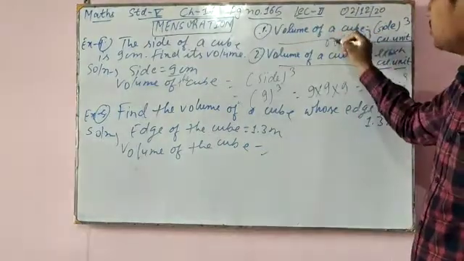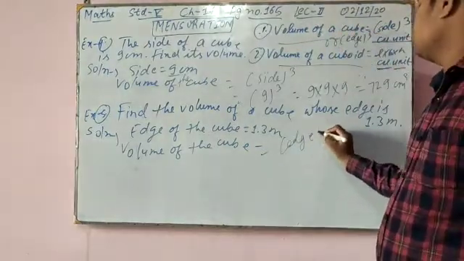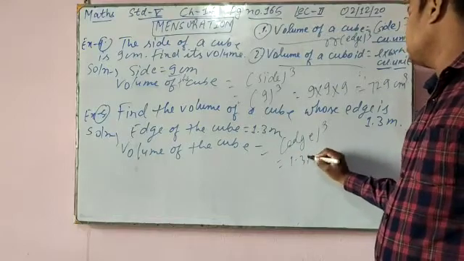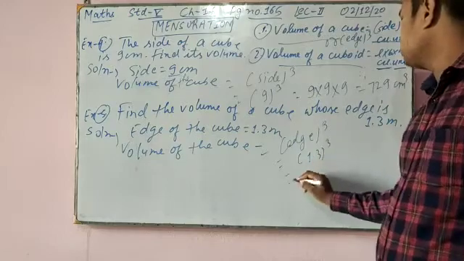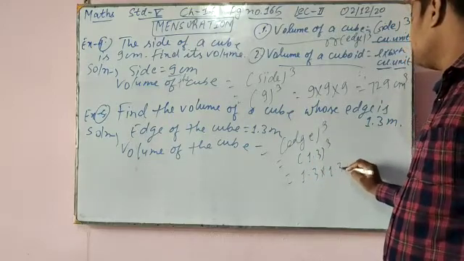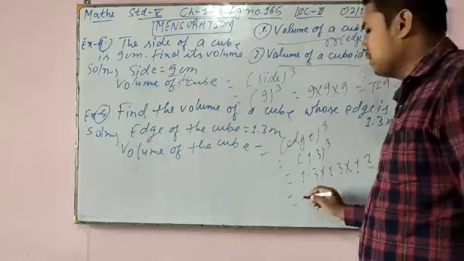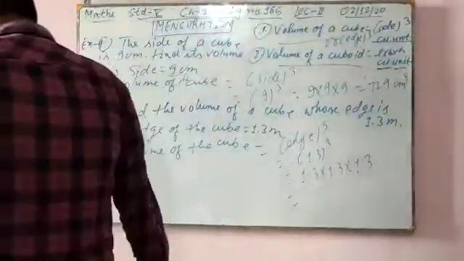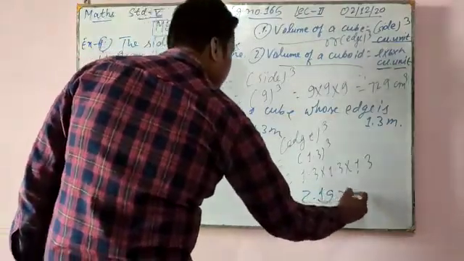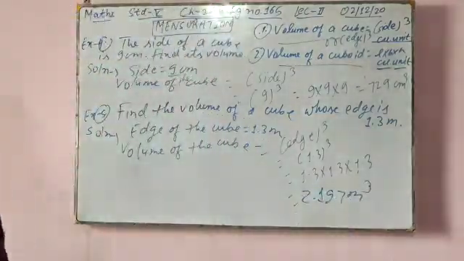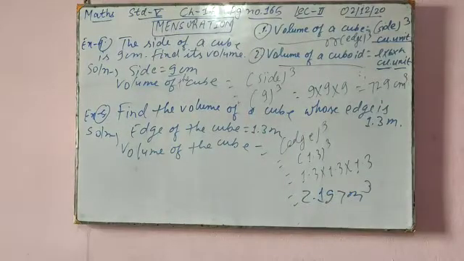Both are the same. Edge cube means 1.3 cube. It means 1.3 into 1.3 into 1.3. Okay. Now multiply. When you will multiply, you will get 2.197 meter cube.